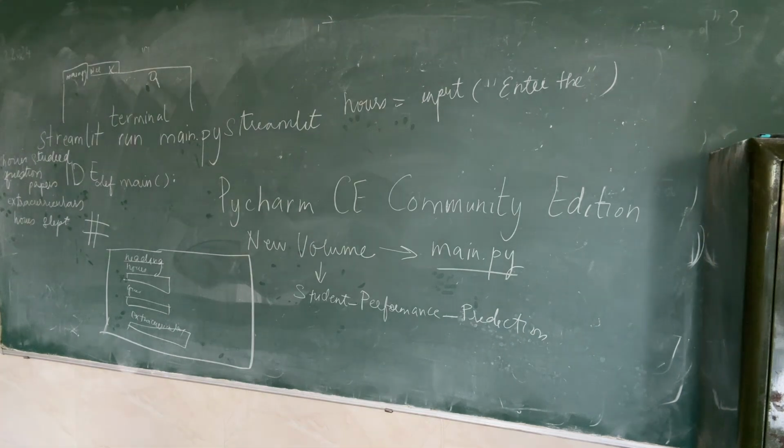Then when I'm trying to predict, I just call the function, predict student performance, and then I give it hours. First we need extracurricular activities, so let's just say 0. Then I have hours studied is hours, hours spent is 8, let's see.